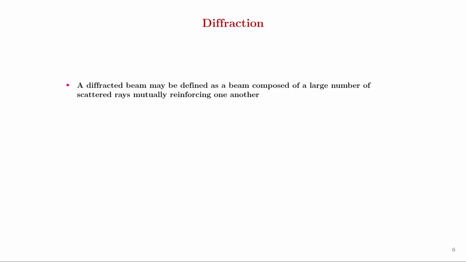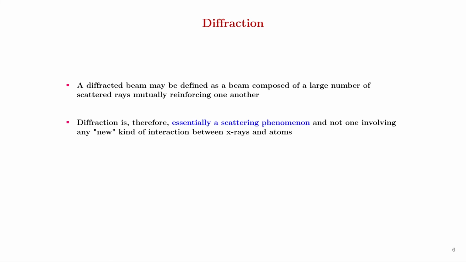We'll dwell a little bit in detail on the diffraction phenomenon exhibited by X-rays. A diffracted beam may be defined as a beam composed of a large number of scattered rays mutually reinforcing one another.